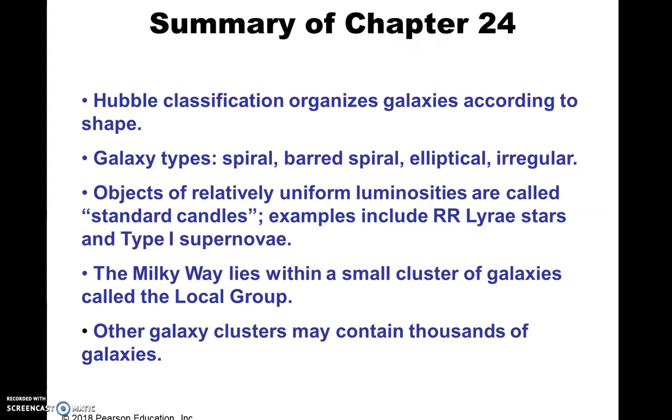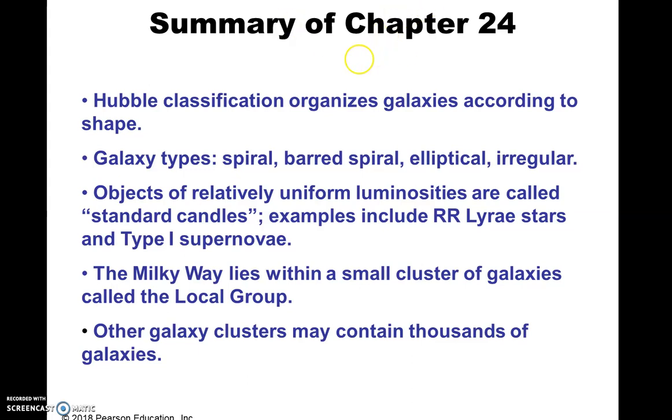The extreme would be, Sa is the largest nuclear bulge, and then Sc would be the smallest, and Sa would also have the most tightly wound spiral arms, and then Sc would have the loosest.